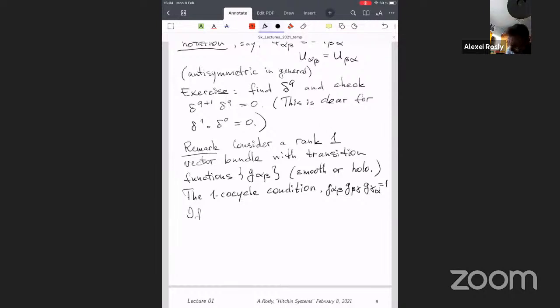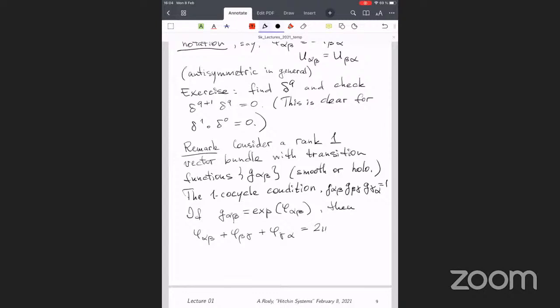So if we can express G alpha beta as an exponential of a phi alpha beta, then the latter will satisfy, equals what? 0. No, 2 pi i say k.